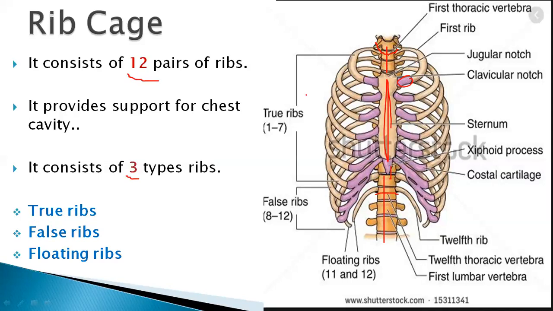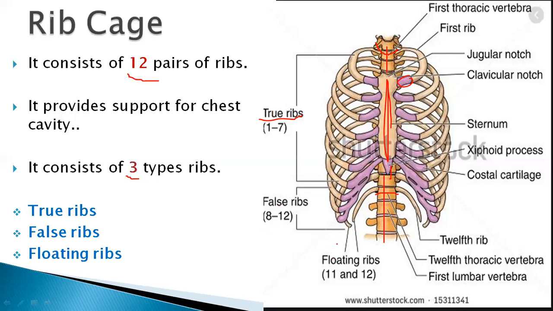The ribs which are completely joined, from rib 1 to rib 7, are called true ribs. But the ribs which are not directly joined, they are indirectly joined, from the 8th to the 12th.